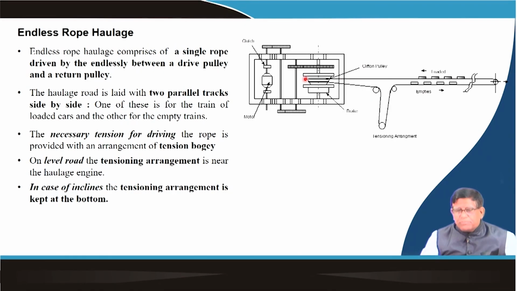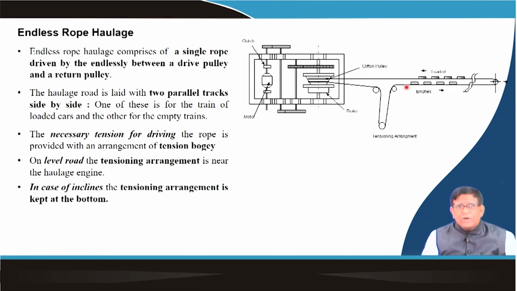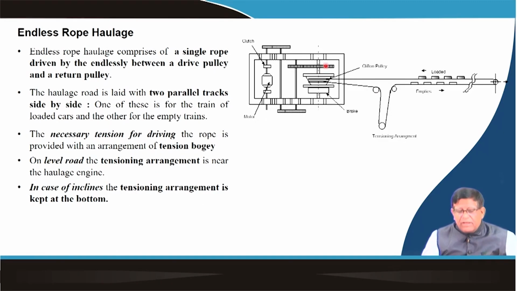This rope has to be kept under tension. If the tension is not there, the power will not be transmitted and the rope will not be driven. That is why, with this Clifton pulley, you have a number of gear arrangements.